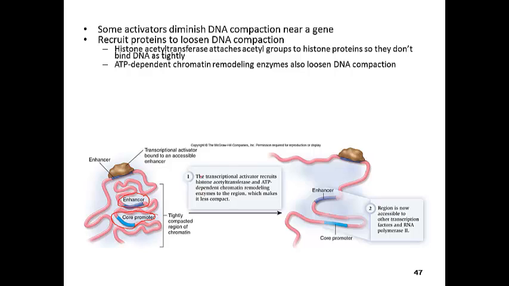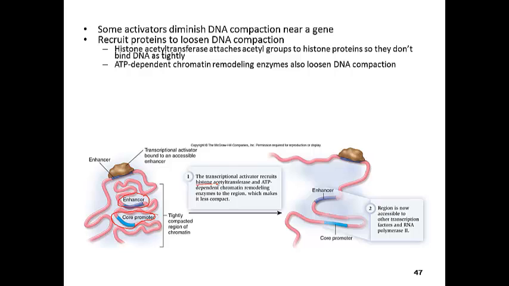But now the actions of a transcriptional activator at an available enhancer site can change the conformation of the chromatin. Now, how does it do that? Well, we know histones are the proteins that are very important in tightly winding the DNA.